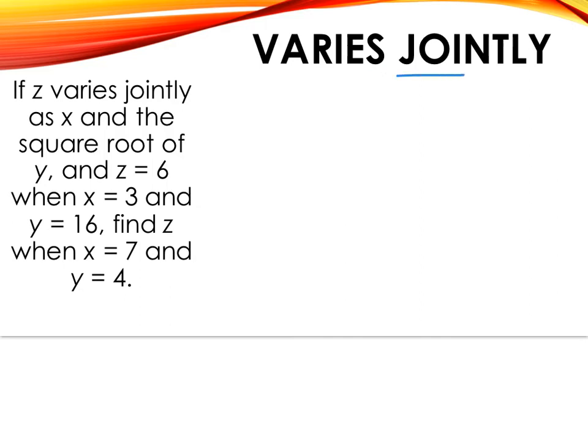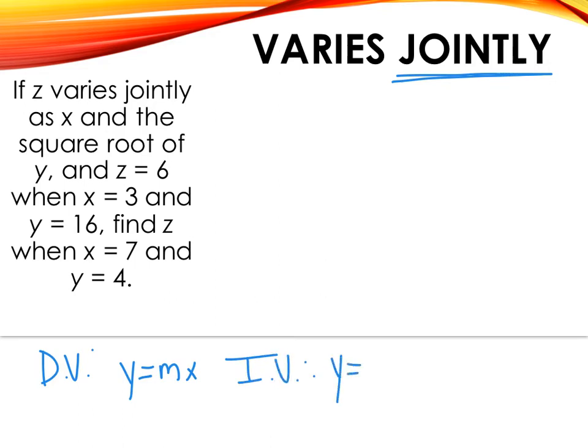Now I want to talk about joint variation. If you remember, direct variation is y is equal to mx. And then we have indirect variation, which is y is equal to k divided by x.